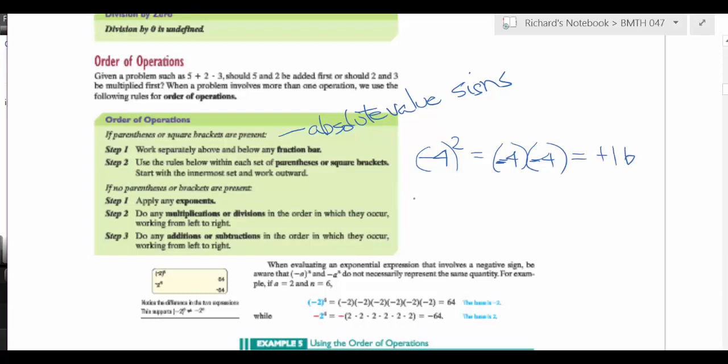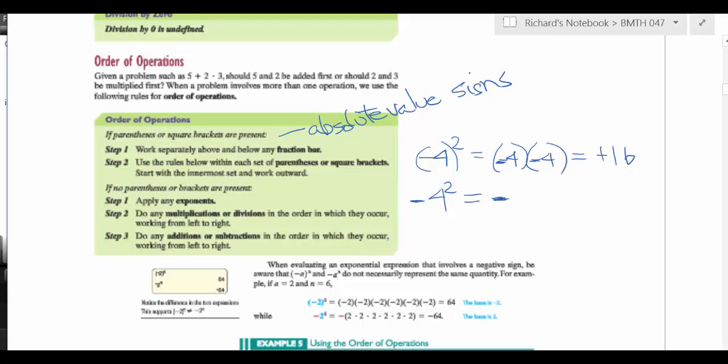Now, let's say I have a very similar looking situation, but no brackets. There's a negative sign, and then there's a 4 squared. Well, what this means is I have the negative sign just hanging out.